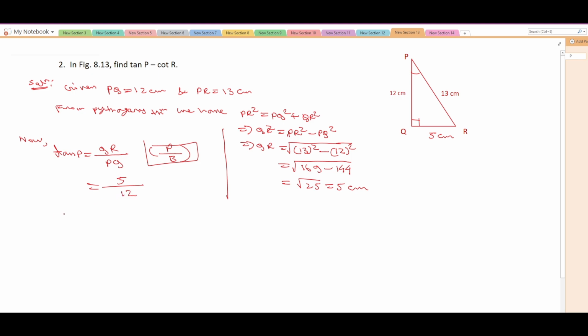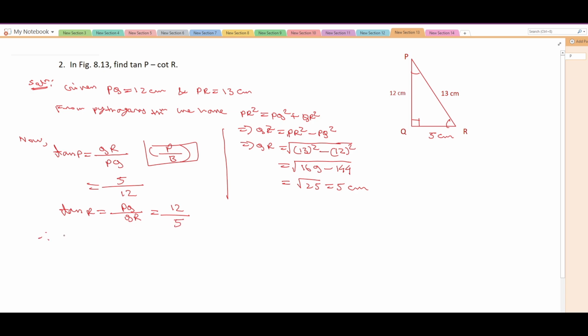Again tan R equal to PQ by QR, where PQ equal to 12 and QR equal to 5.